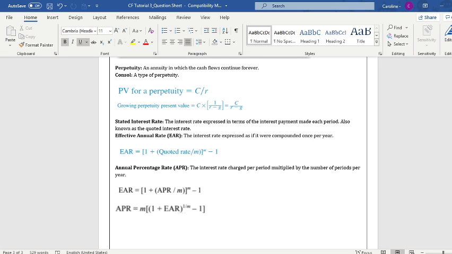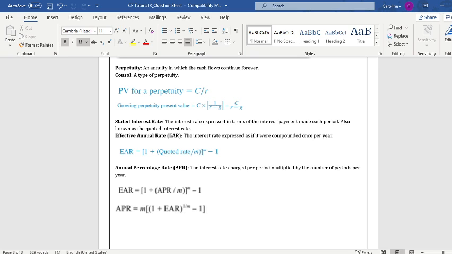So if the annuity or perpetuity begins later than year 1, the present value that you find is one period before the cash flow starts.